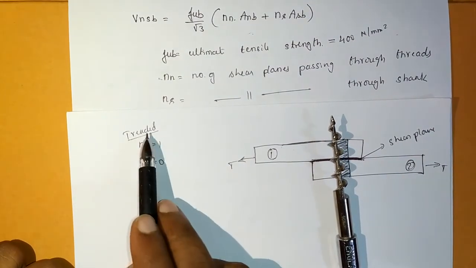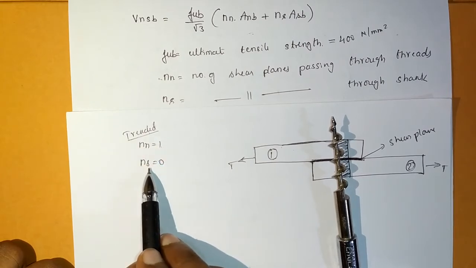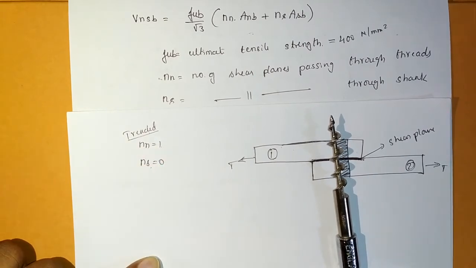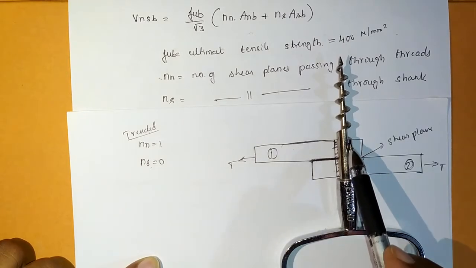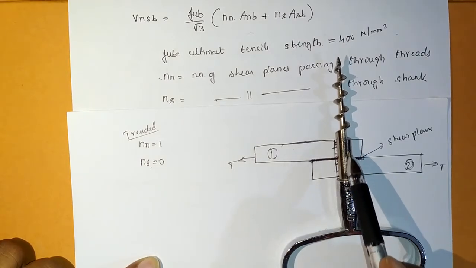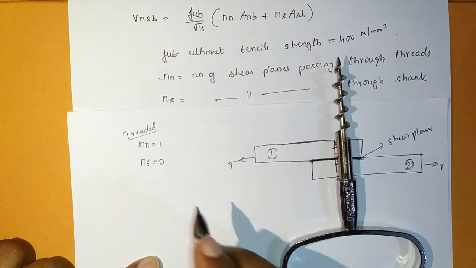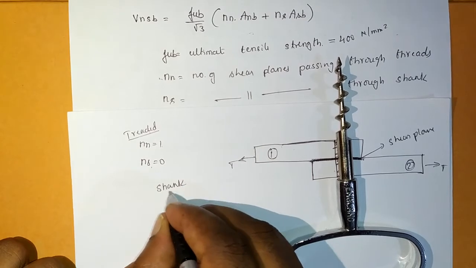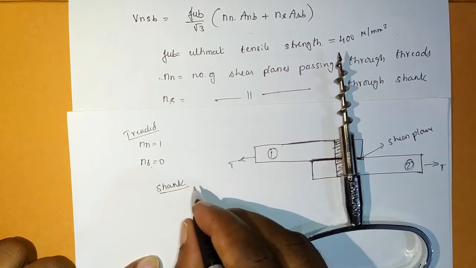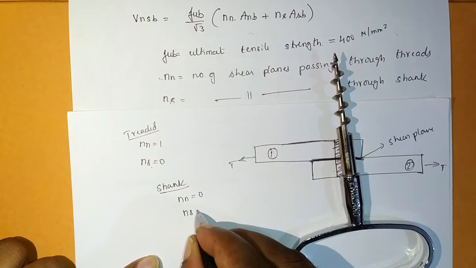In this case, the unthreaded part or shank is passing through the shear plane. If the shear plane is passing through the shank or unthreaded part, then NN equal to 0 and NS equal to 1.